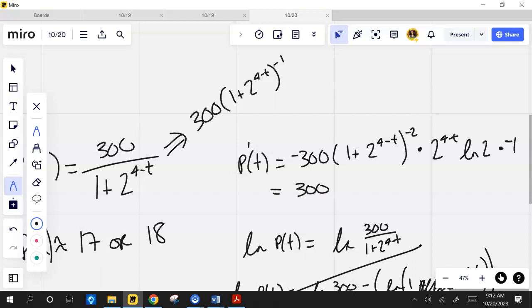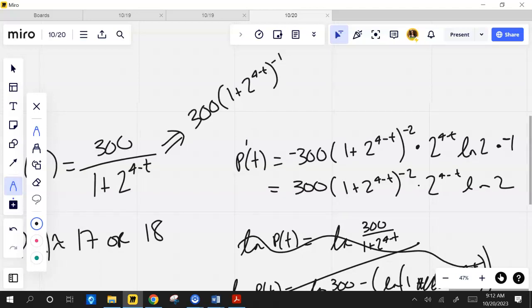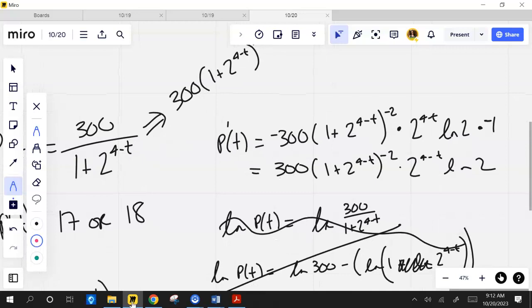So it's going to be positive 300, 1 plus 2 to the 4 minus t, -2. And then I've got this 2, 4 minus t. I'm not even going to take this any further because it asked me how fast is it spreading after 4 days, so I'm going to go ahead and put in a 4 in here. I'm going to find the derivative at 4.